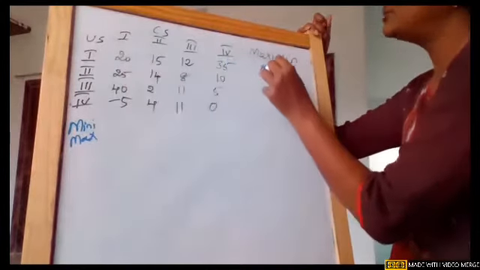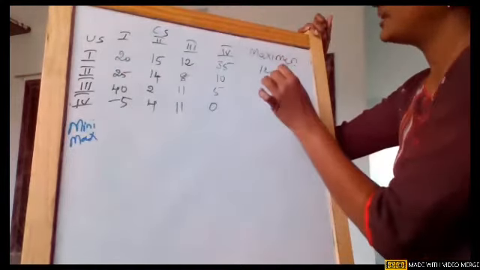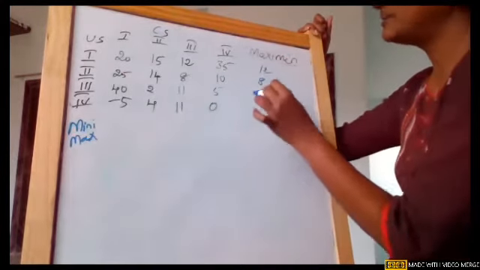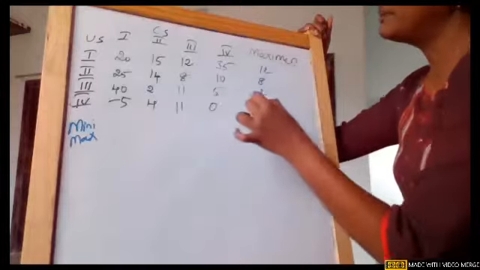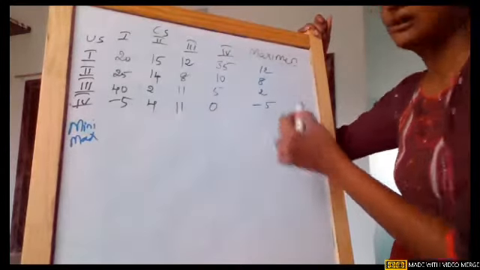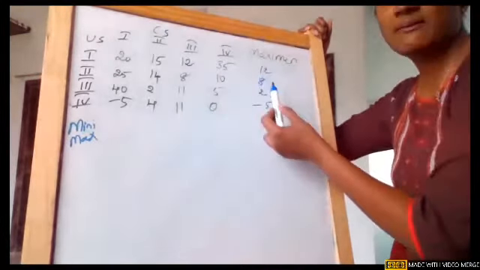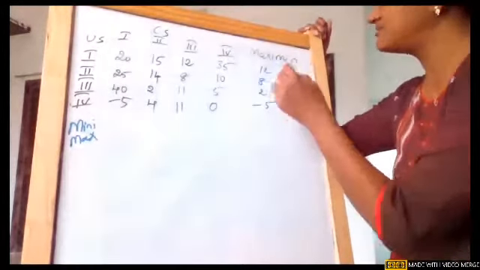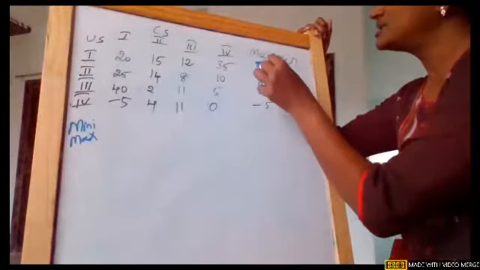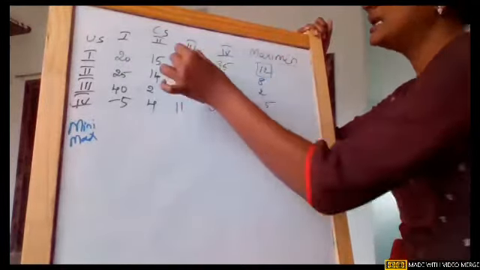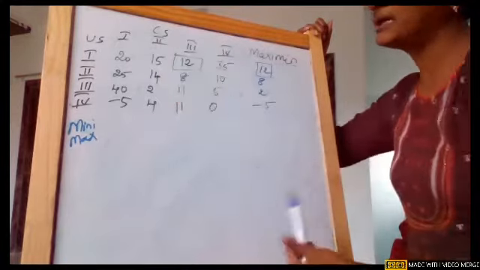First row, the minimum value is 12. Second row, the minimum value is 8. Third row, the minimum value is 2. Fourth row, the minimum value is -5. Out of these minimum values, we need to pick the maximum value. So the maximum value is 12. Just highlight 12 even in the body of the matrix.